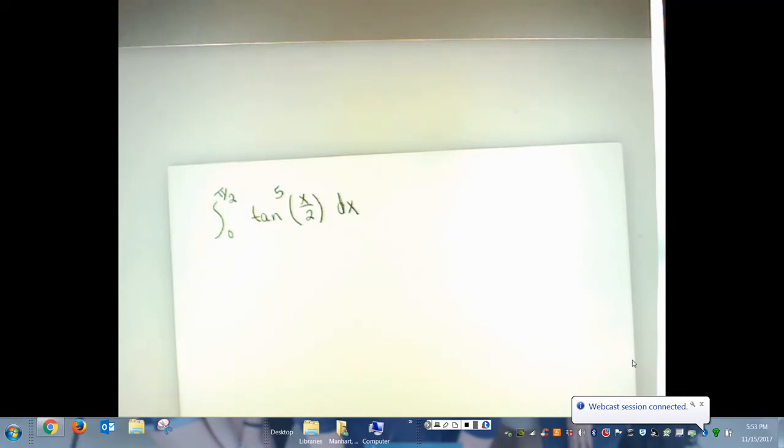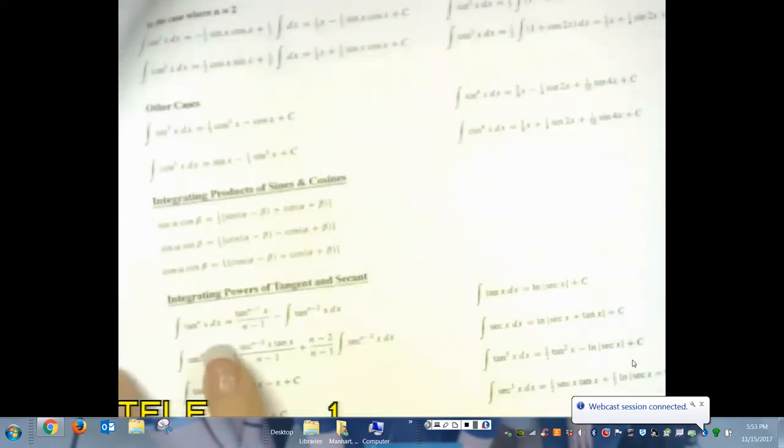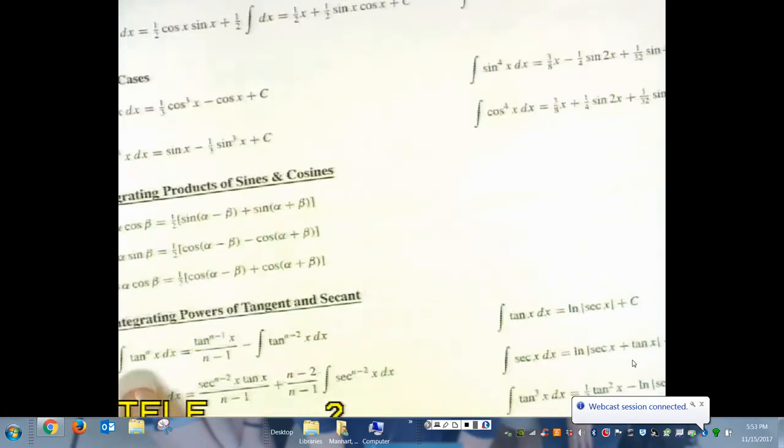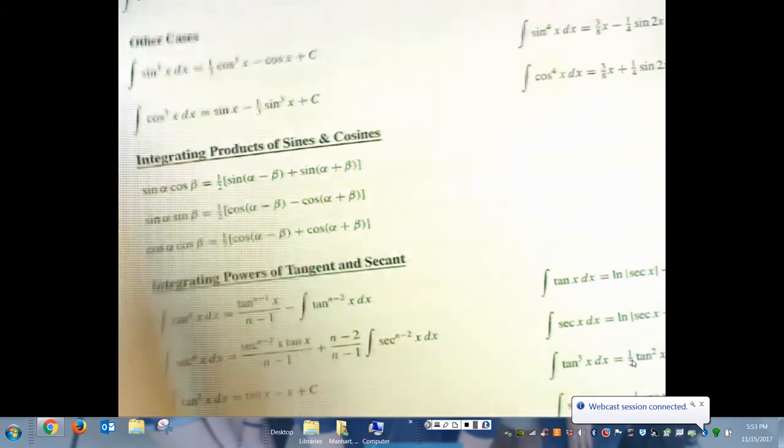I'm going to write the reduction formula down for you, and I have the formula sheet. The basic formula looks like this: tangent of x to the power of n, and in this case we are going to let n be 5.